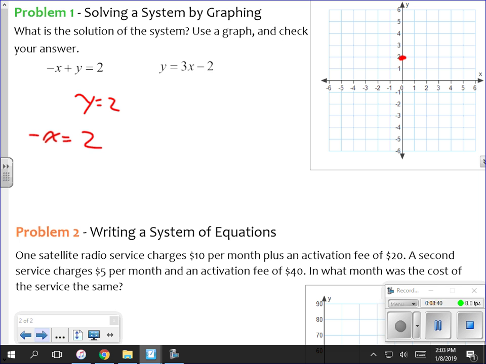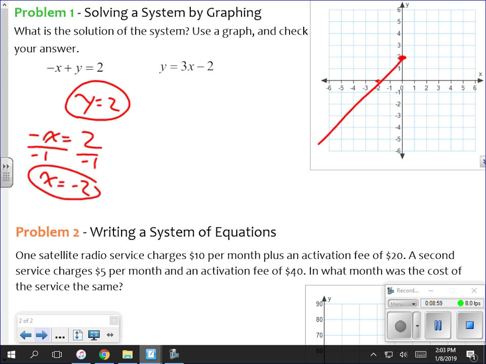I don't want negative x, I want positive x. Divide both sides by negative 1, x equals negative 2. X-intercept, y-intercept. First point, second point. And then my line goes through those 2 points.